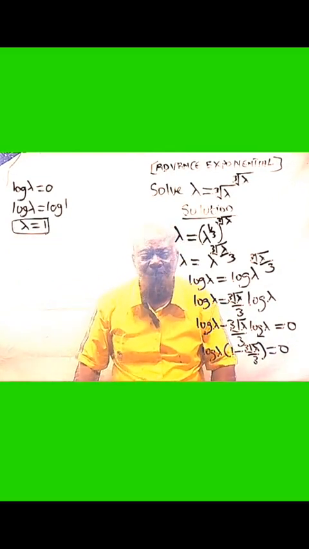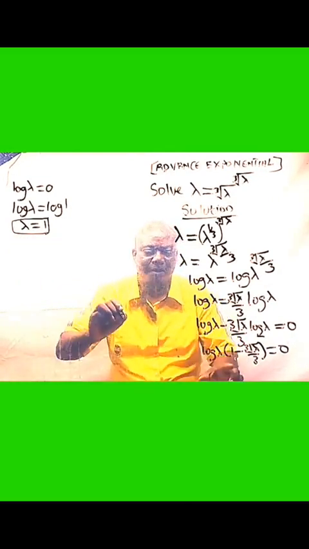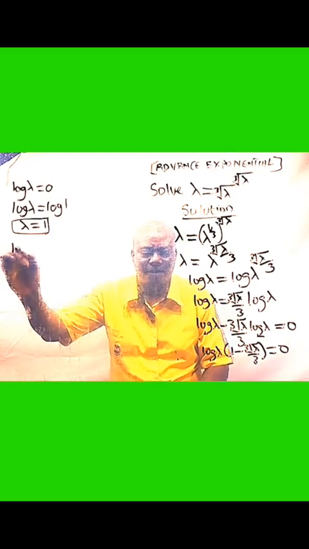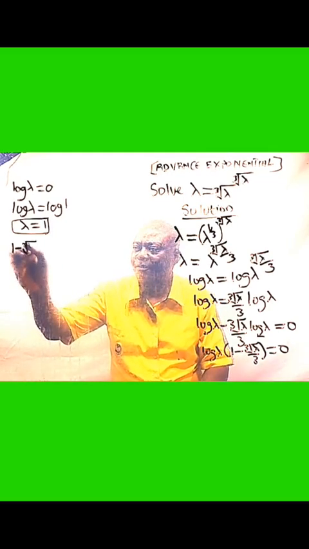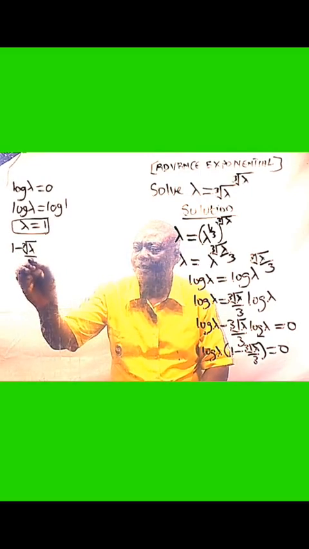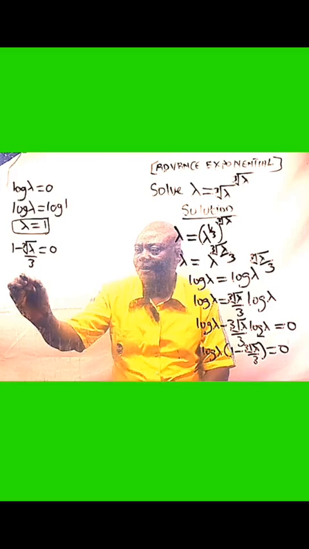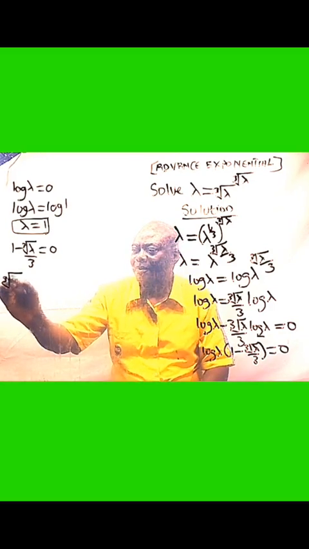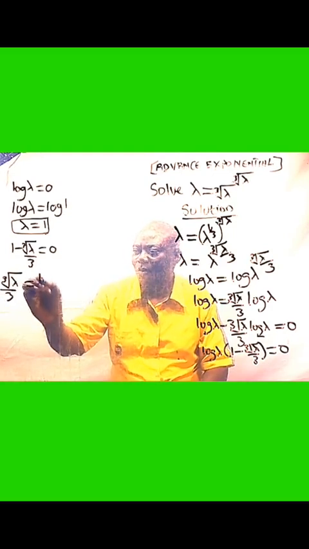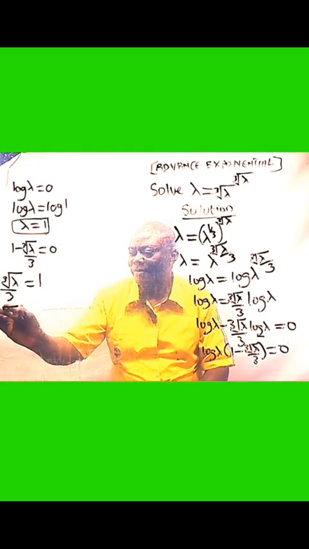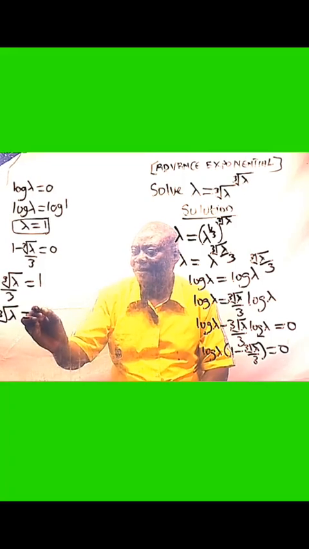In the second scenario, you have 1 minus cube root of lambda over 3 equals 0. So from here, the cube root of lambda over 3 will be equal to 1. So cube root of lambda will be equal to 3.